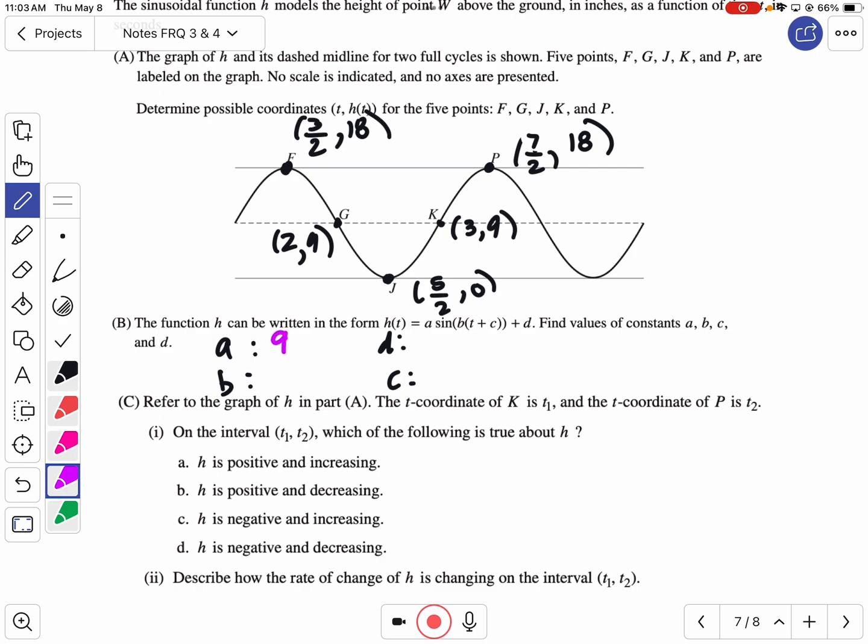Okay. D is my midline. It will be 9. Okay, now, it'd be 9.